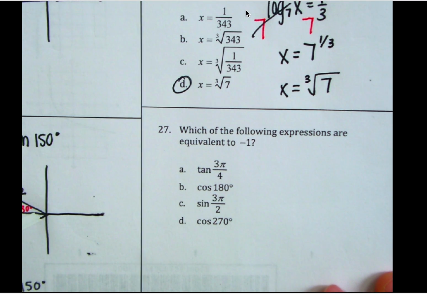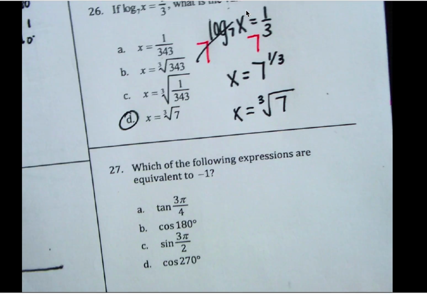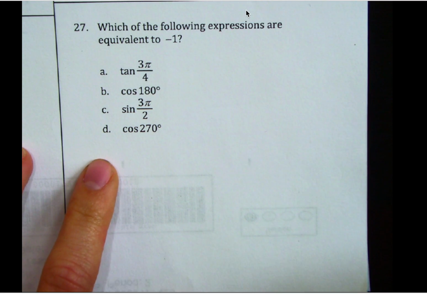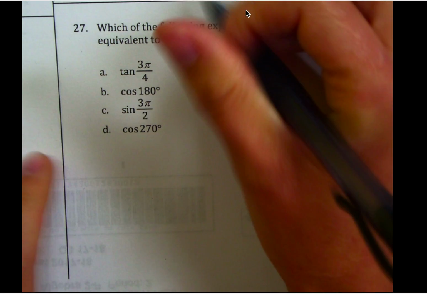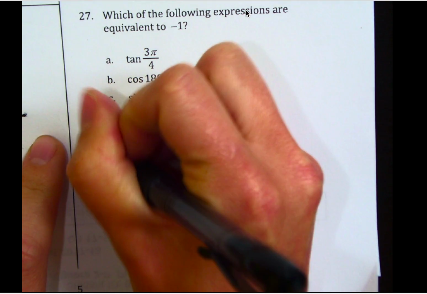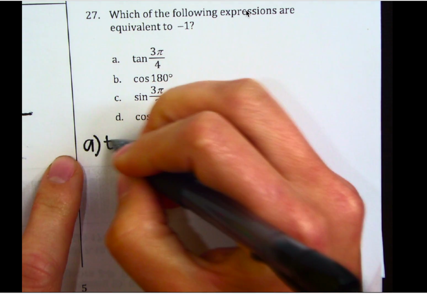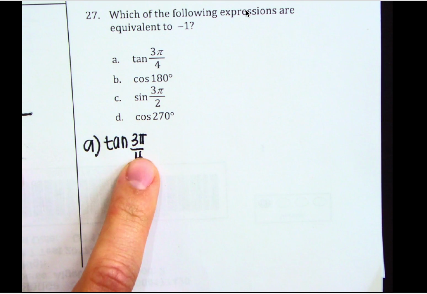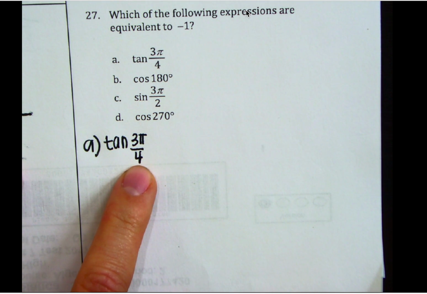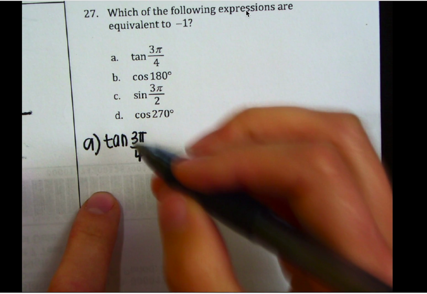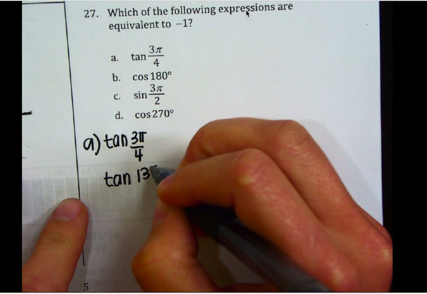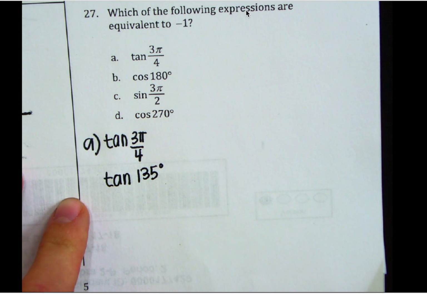Which of the following expressions are equivalent to -1? So I'm going to go ahead and work out each one of these separately. I will start with A, maybe down here. I'm going to find tangent of 3 pi over 4. So I'm going to convert 3 pi over 4 into degrees, and I get 135 degrees, so I'm finding tangent of 135 degrees.